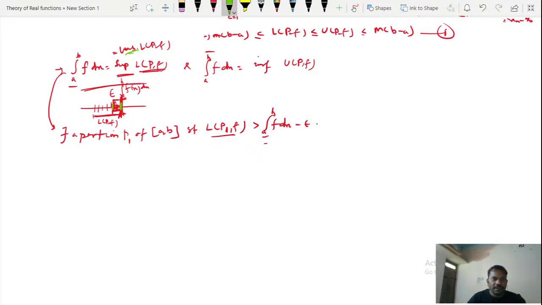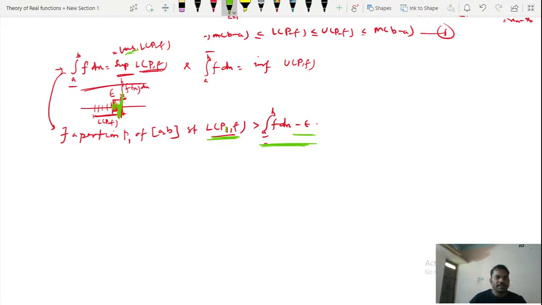So if we go epsilon units towards the left-hand side, then there will be a lower Darboux sum for a partition P lying in between them. That's why we cannot say that is our supremum; this is the only supremum. That means if we go epsilon distance behind, then there exists a partition P1 such that LP1F is greater than this one.